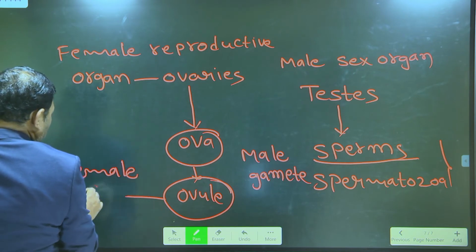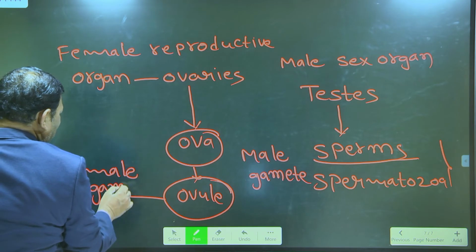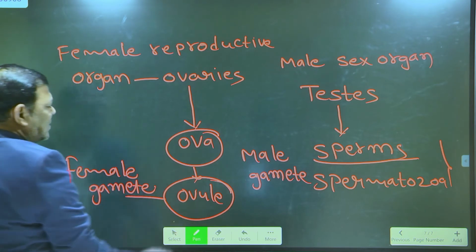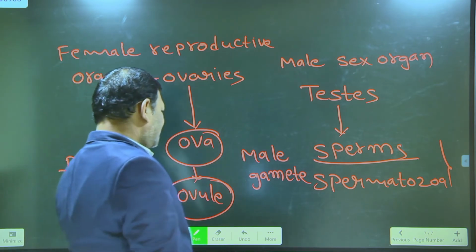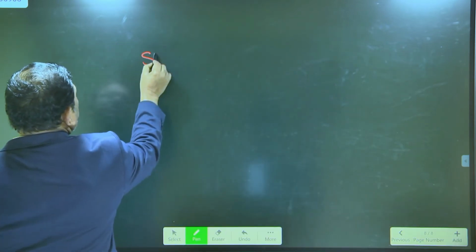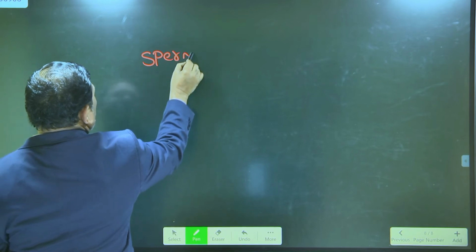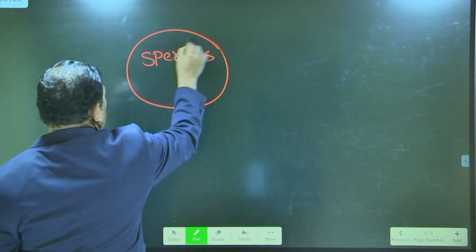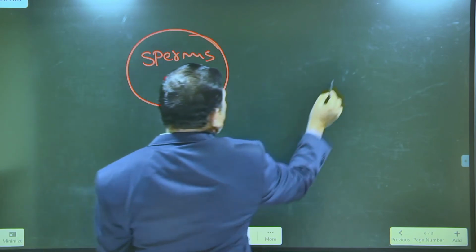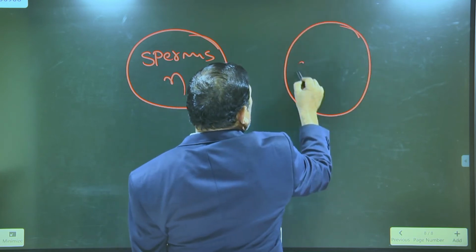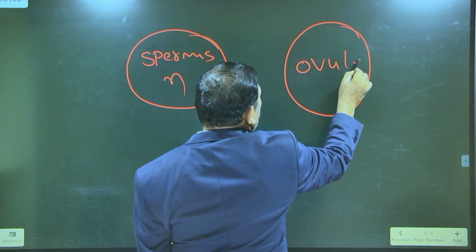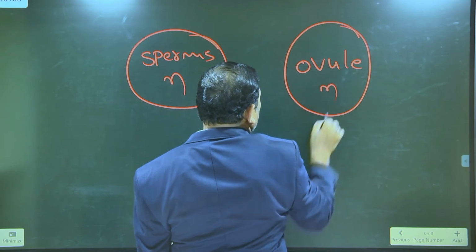The male gamete and female gamete fuse. That is fertilization. The sperm is in the haploid condition. The ovule is also haploid in condition.